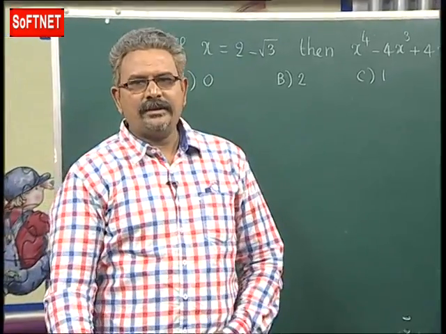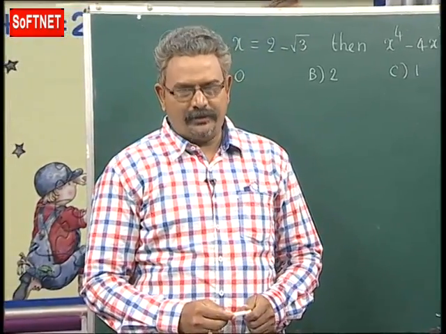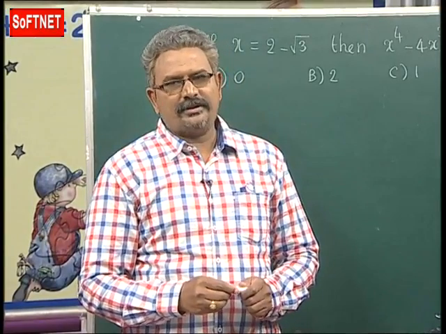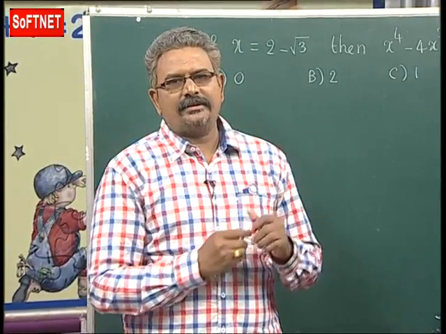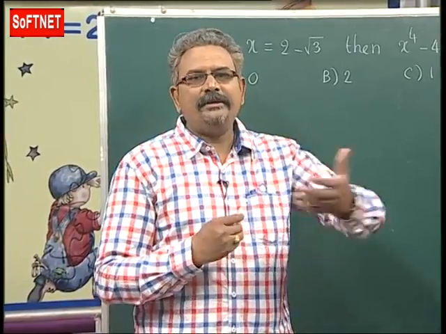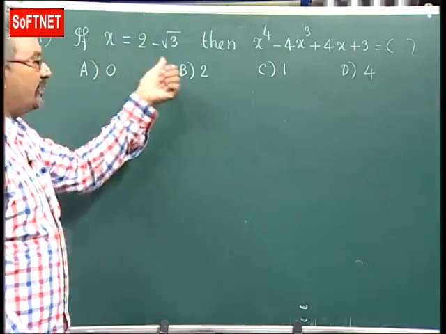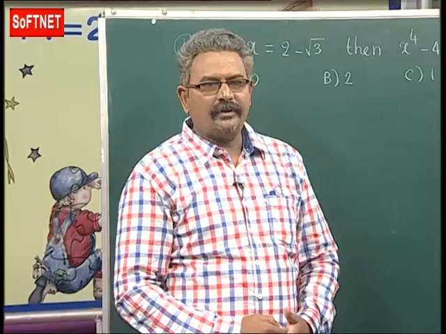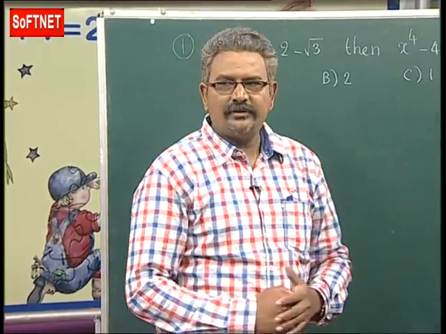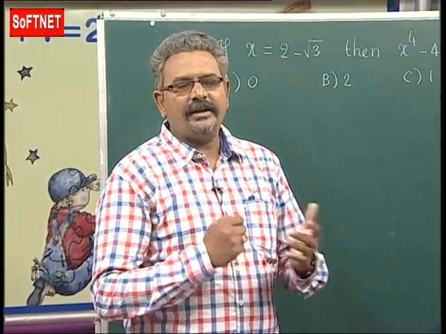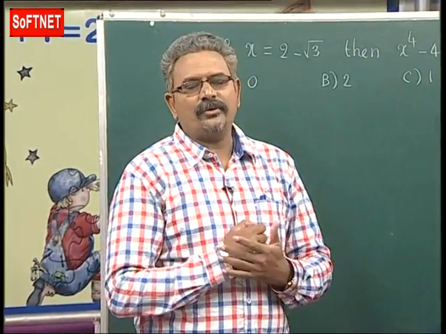Okay, this problem can be done in 3 ways, but of all the methods, let us discuss the lucid, easy method. As we have x is equal to 2 minus root 3, if you replace it, you imagine that becomes very tedious and the calculations will be more.